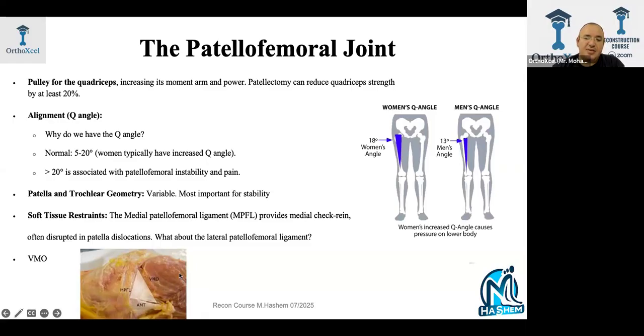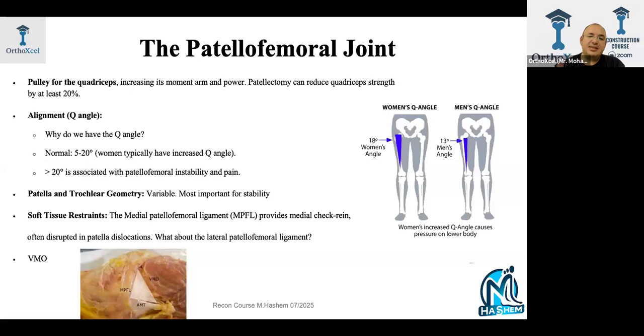The VMO is the second restraint after the MPFL to maintain normal patellar tracking and not allow it to go laterally. That's why when you have a first-time patellar dislocation, you have to send your patient for very good strengthening exercises to the VMO. You have to be very clear in your physiotherapy request: please, I need VMO strengthening to stop lateral patellar dislocation.